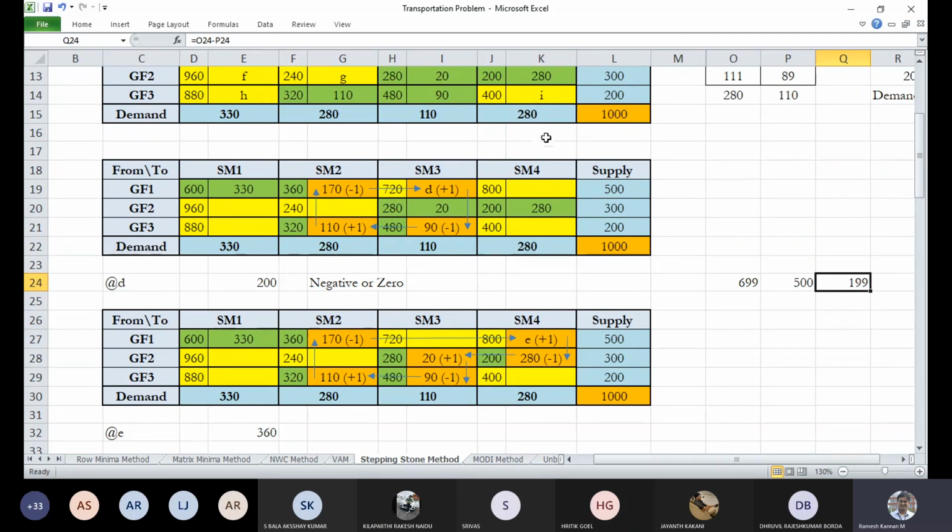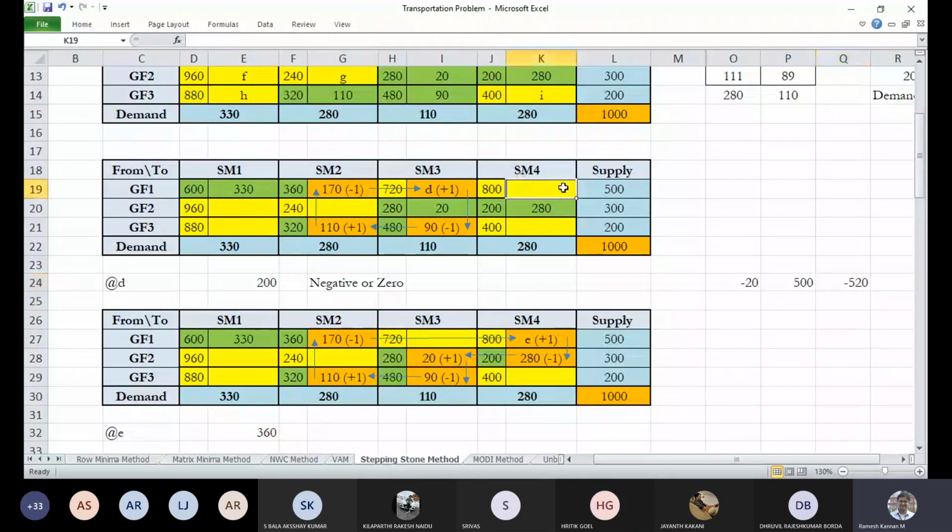So that's why. But if it is 0, then probably it can have this 500 supply, and this row will be in equilibrium, or sometimes it will be negative 20. Which means that we can probably allocate some 20 units to the other cell or something like that.